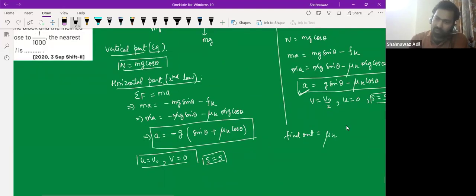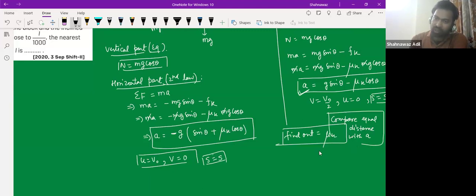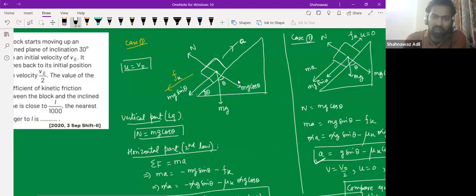You have to compare equal distance with different acceleration, and then get this mu k. So this is the idea.